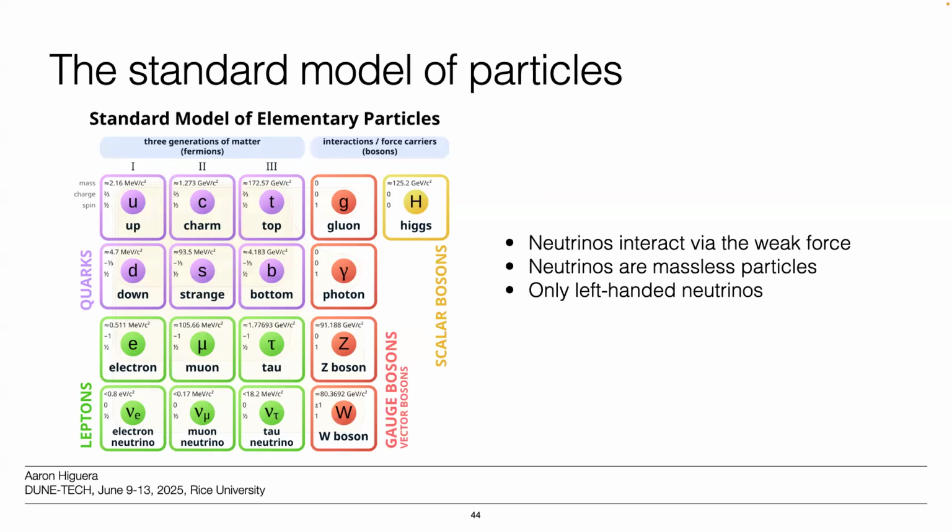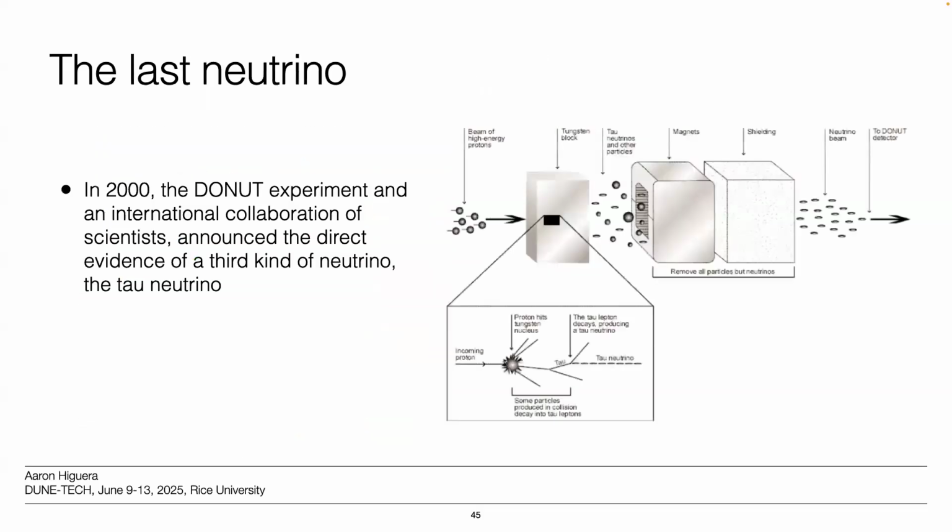We know that the neutrinos from beta decay are associated to the electron. We know that one of the neutrinos associated to the muon decay is a muon neutrino. And now the remaining question is whether we can see a tau neutrino, which is associated to the tau. So that was the last neutrino that was missing.